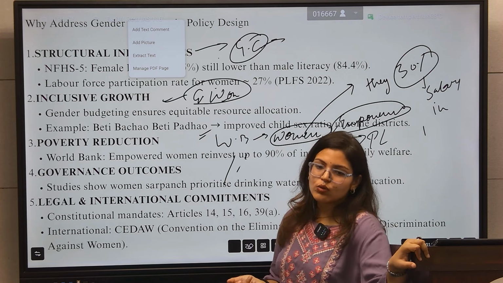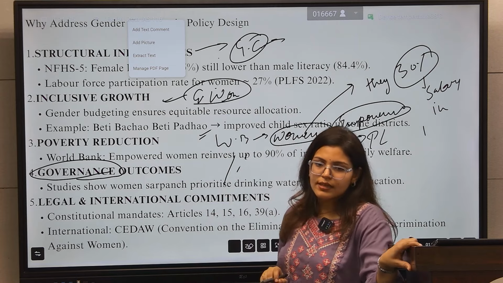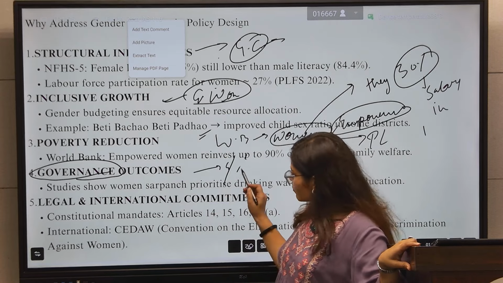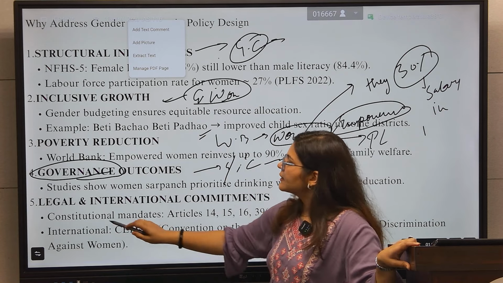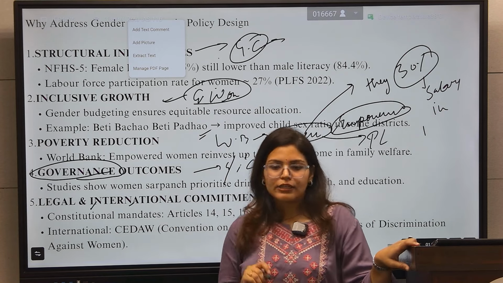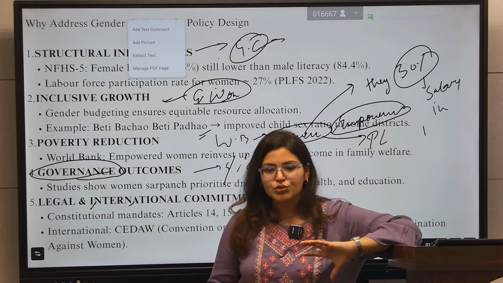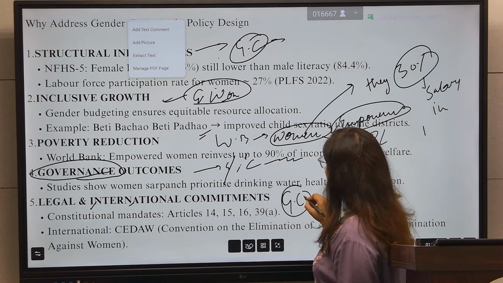Then the governance outcome. Obviously there is an increase in grassroots governance in our society if we take gender concern into policy making and implementation. Then there is legal and international commitment also. You know that our constitution has provisions for gender concern.